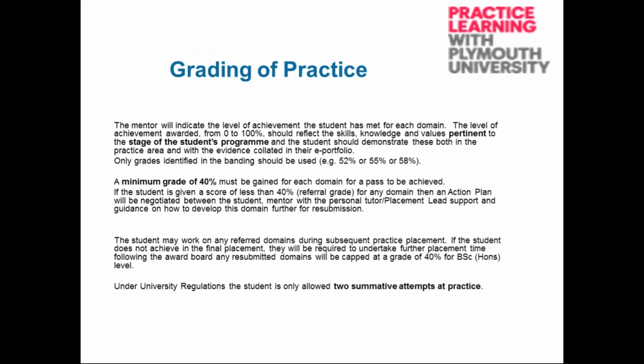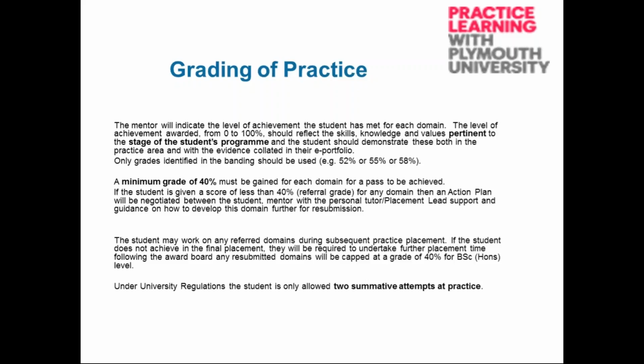So your mentors are going to choose to grade you from 0 to 100%, reflecting the skills, knowledge and values pertinent to the stage of your program, which is preparing you for your final stages to registration. You need to get a 40% to pass, and if you get less than 40% for any domain, then an action plan will be needed, ready to take into the next placement.